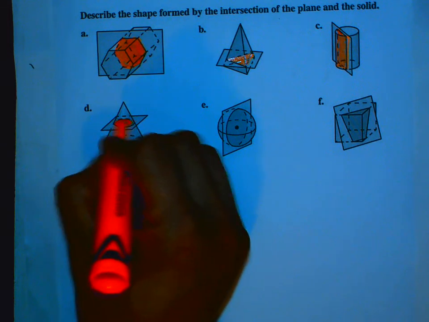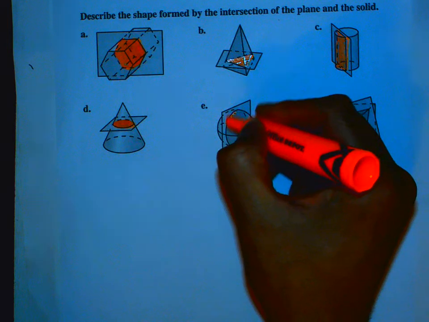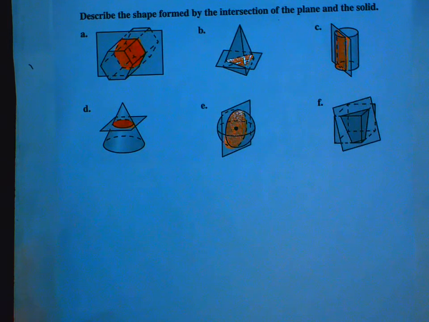Here, even though it looks ovalish, it's actually a circle. Here, this plane cutting this sphere is also creating a circle.